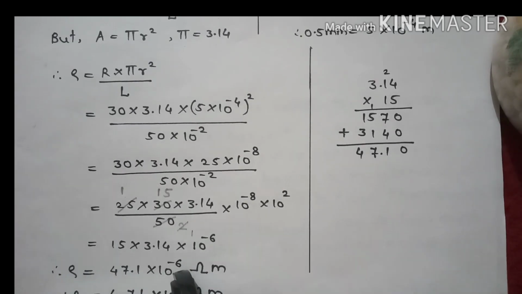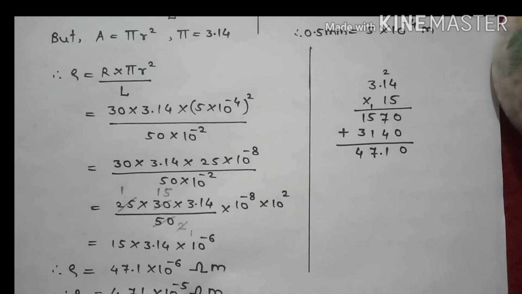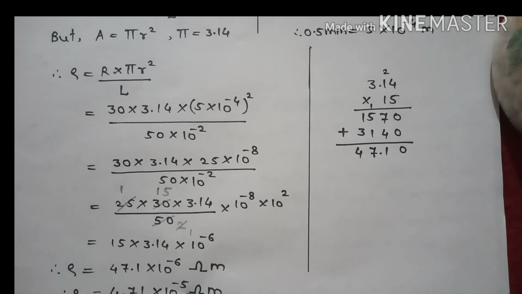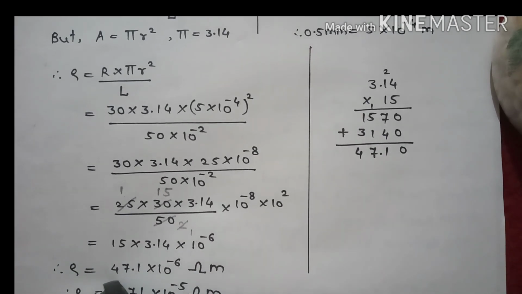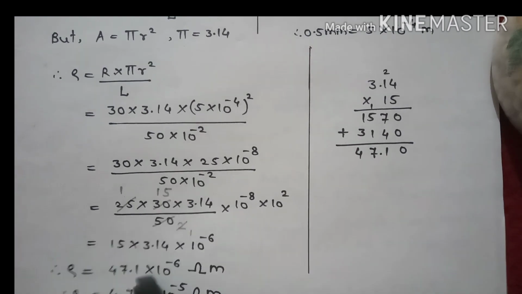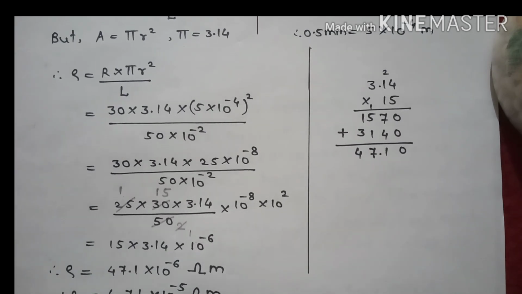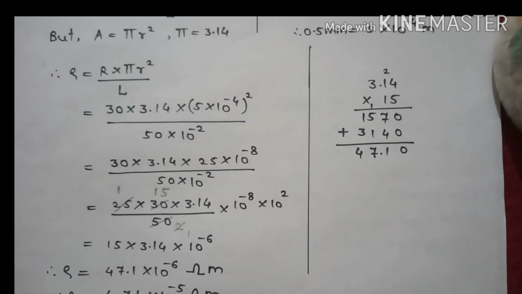But this 10 raised to minus 6 we can write in 10 raised to minus 5. So due to that, what will happen? This 10 will divide this 47.1. So after division, instead of 47.1, we get 4.71 into 10 raised to minus 5 ohm into meter.